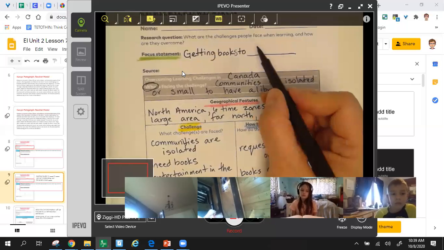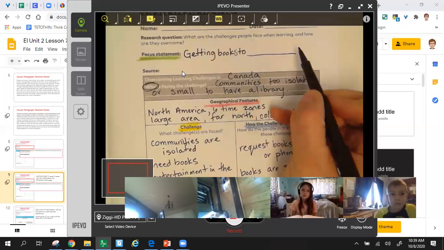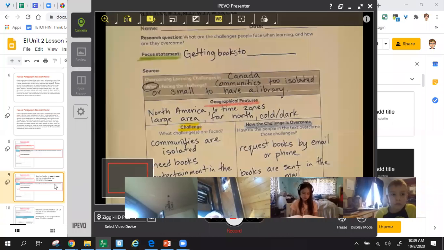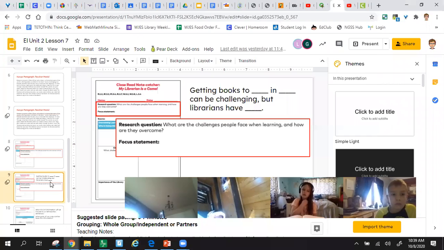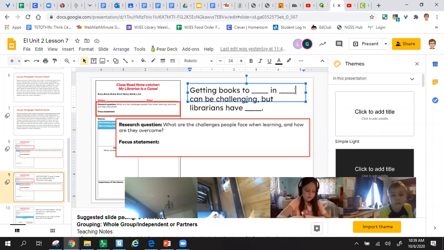Getting books to students in, and the in part is what we're going to do next. So getting books to blank in blank. Is it important that we have the name of our country in there? Yes. So getting books to students or kids, or I said isolated communities in, and then this is the name, this is your place.